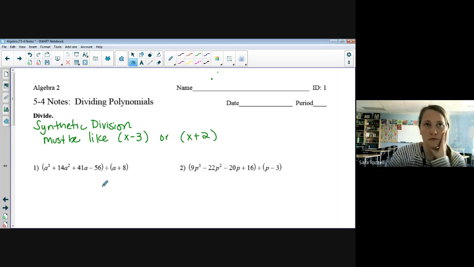Okay. And then we are going to take the number that would have been the root, like what would have been the zero or the solution from our parentheses, and we're going to put that in a little box. So if I had x minus 3, I'm going to put 3 in the box.